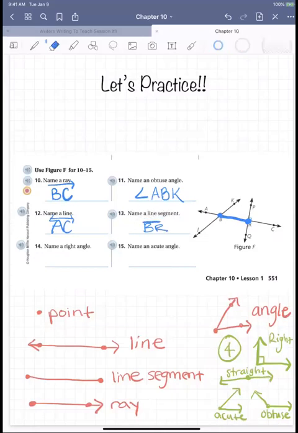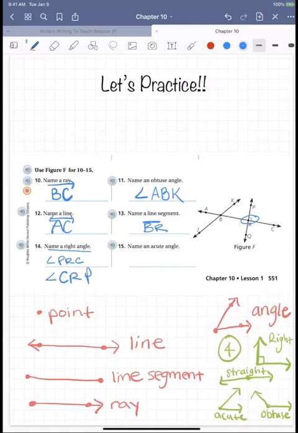Okay. Then for 14, it asks me to name a right angle. So I'm looking for that square. Where on the picture do I see that square? Well, I see one right here. I know there are two ways I can write this. I could write it as angle PRC, or I could write it as angle CRP.